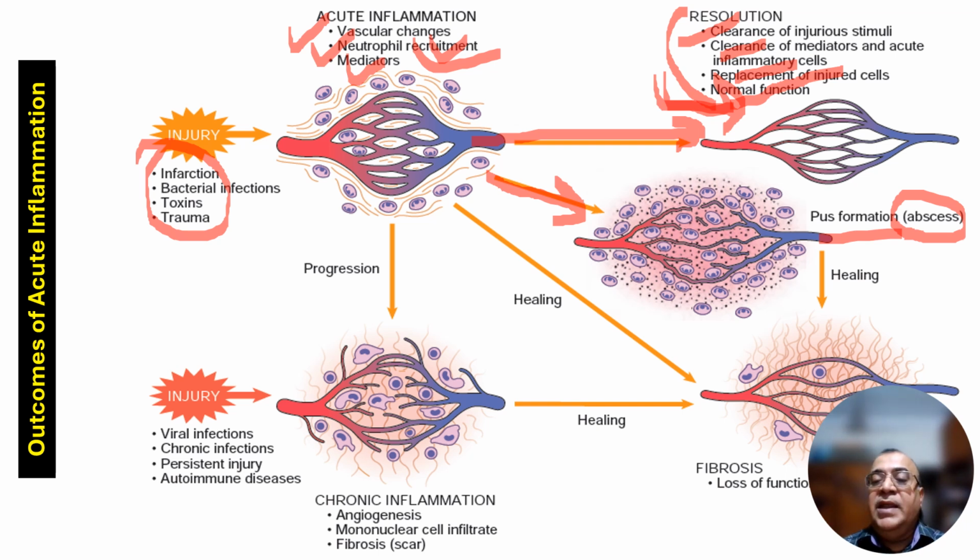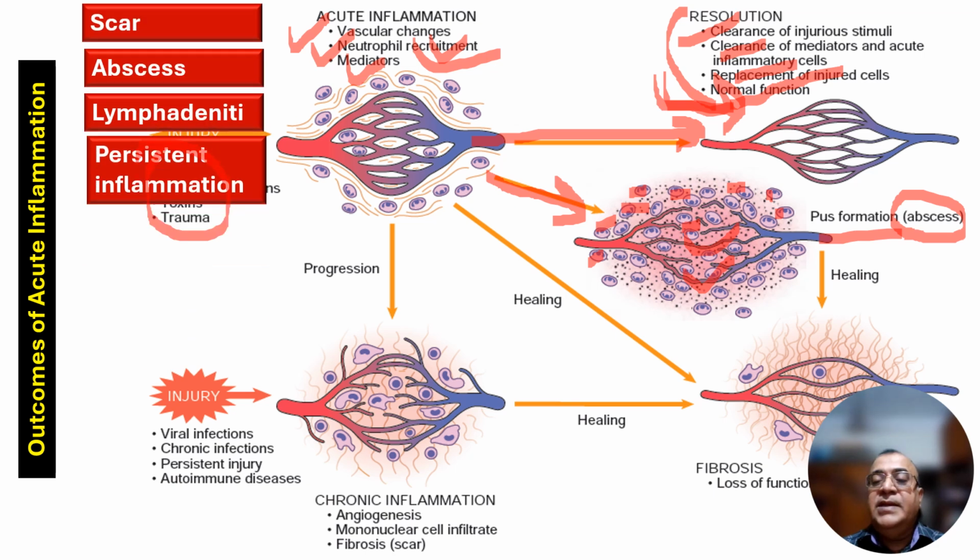So there will be invasion by neutrophils that are present in acute inflammation. Some cells are dead, and there will be presence of necrotic debris and necrotic neutrophils that are characteristic of this pus formation.